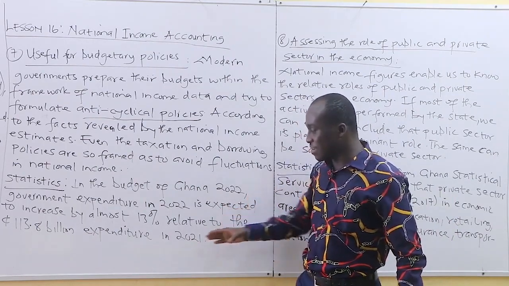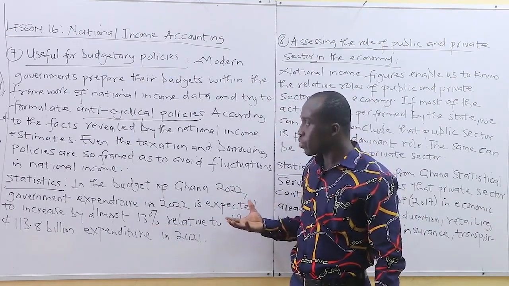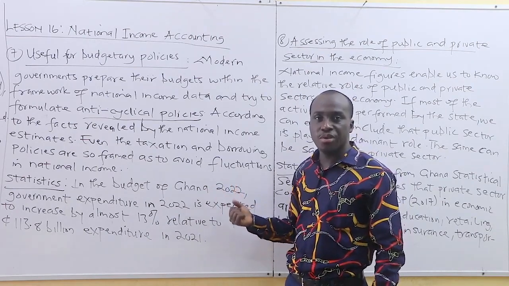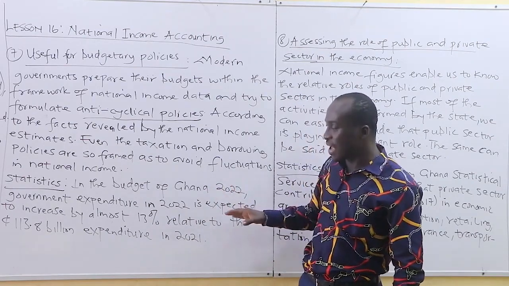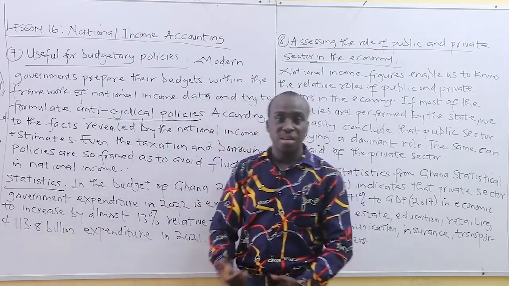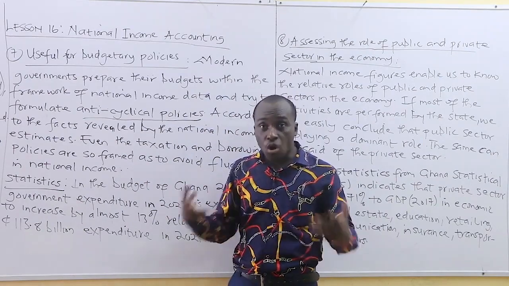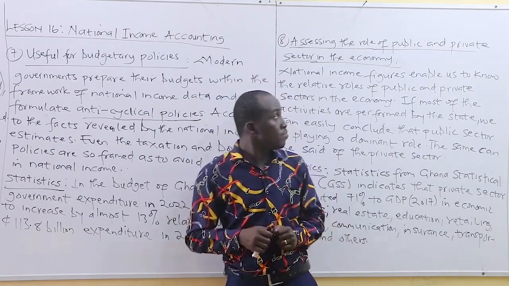Where government is targeting a relative increase, they have to take into cognizance the country's GDP. They want to increase government spending so that they can increase the GDP. So government takes all those things into consideration.